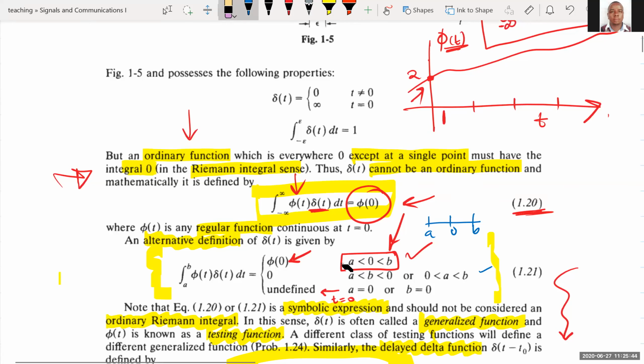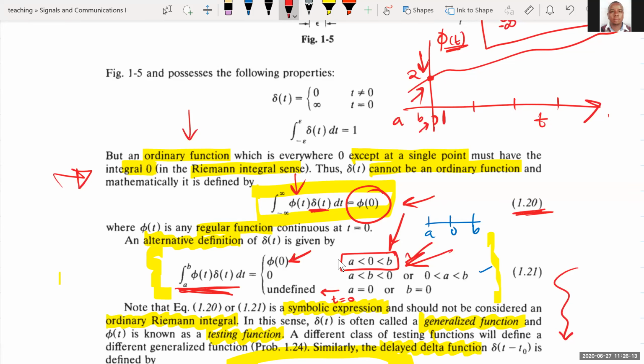If you now say that from this diagram, my a is here and b is here and this is my 0, then we will see that we're not going to be able to find the value of phi, because it is no longer meeting the requirement of being between the range where 0 is defined.